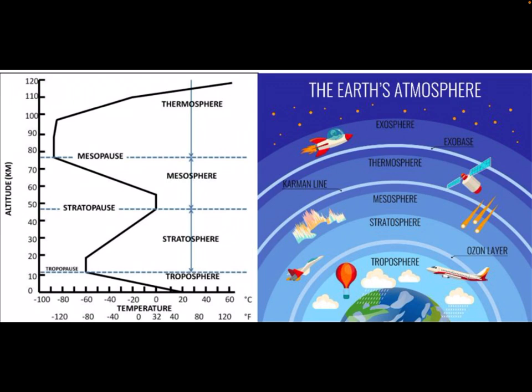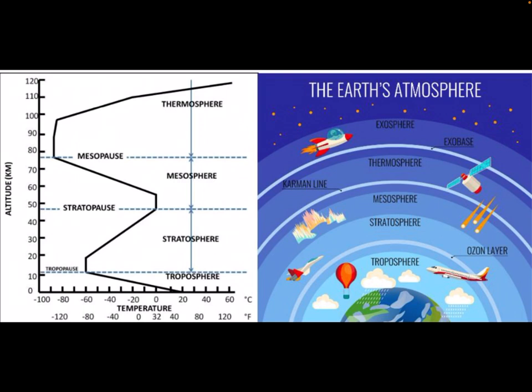The answer is the convection currents and high insolation at the equator. There is expansion of the tropospheric layer there, but the poles have lower insolation, so there is no such expansion. So the range of the troposphere is lesser at the poles as compared to the equator.